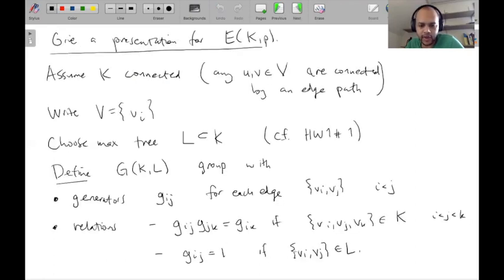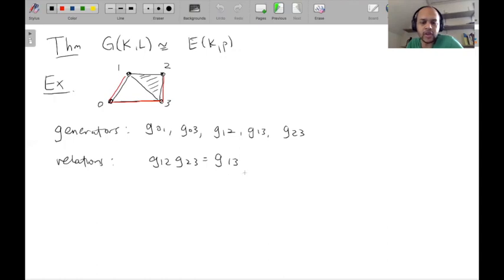And then the other type of relation is that we just set equal to 1 anything which belongs to this maximal tree L. So in particular, G01 is 1, G03 is 1, G23 is 1.